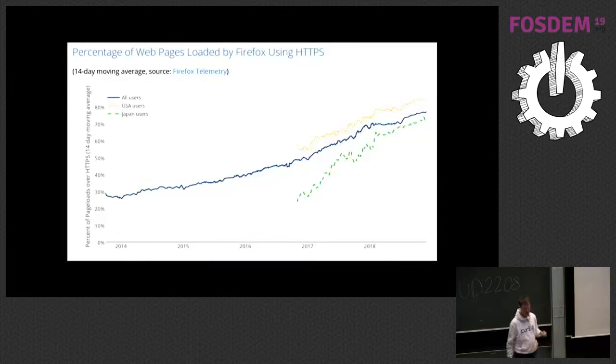And HTTPS, looking at the Firefox trend, is used in, well, this graph ends by the year end 2018, but you see the trend is pretty clear. It's somewhere around 80% of all page loads are using HTTPS. So we're going into a world where HTTPS is going to be the primary protocol we're talking web traffic over.